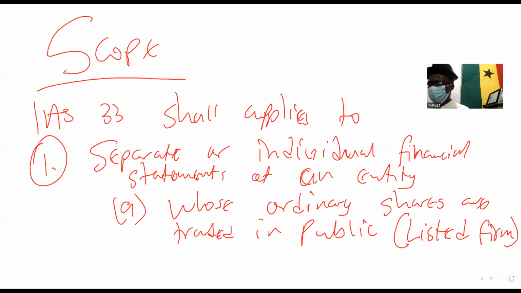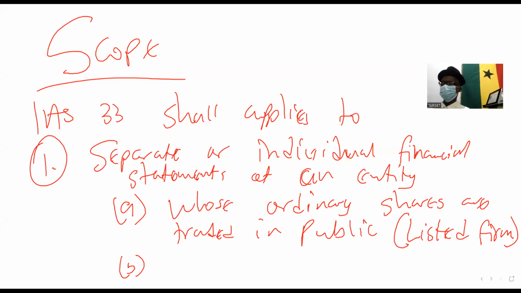Let me go to the next entity that can use earnings per share. Number two, the entity is in the process of filing.